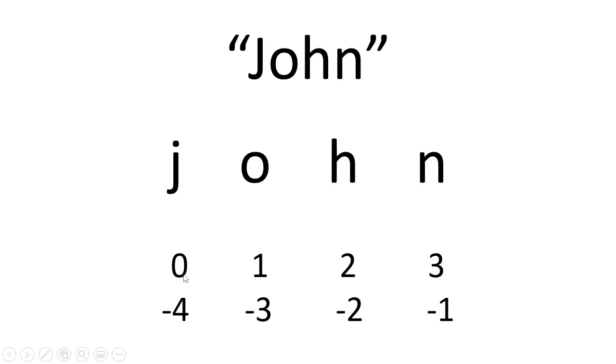So J would be index 0, O would be index 1, H would be index 2, and N would be index 3. Indexing can also use negative values starting from the end of the string. So this N would also be indexed as -1, and then H would be -2, -3 for O, and -4 for J.